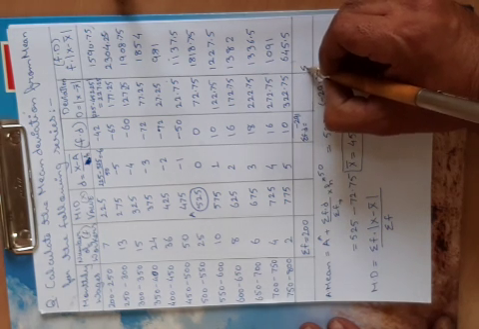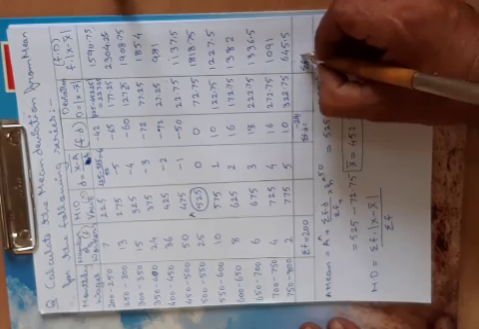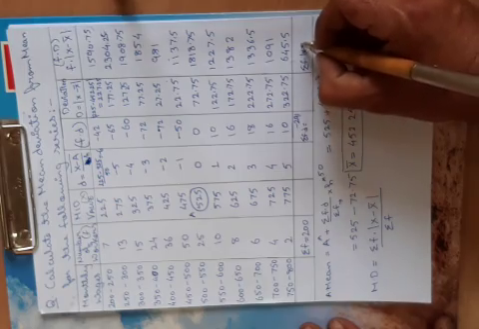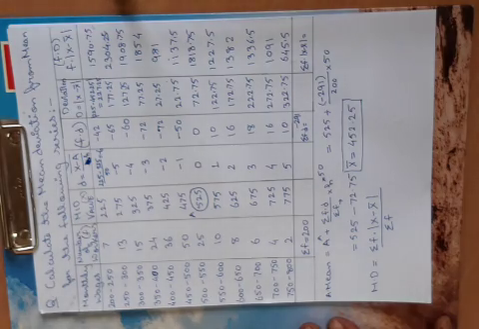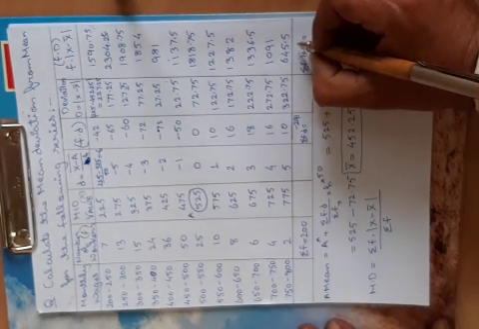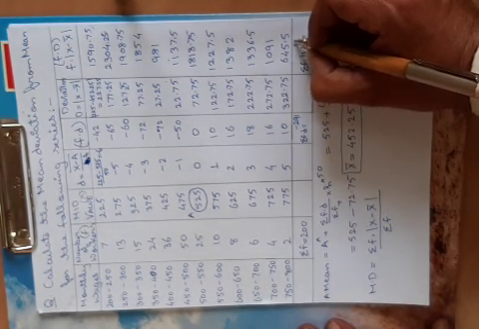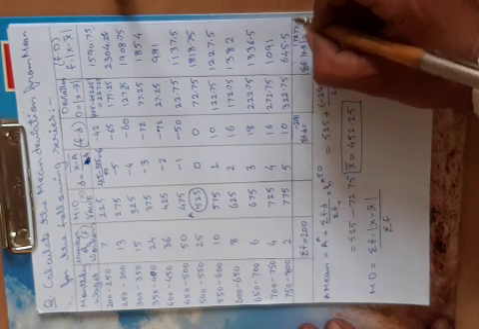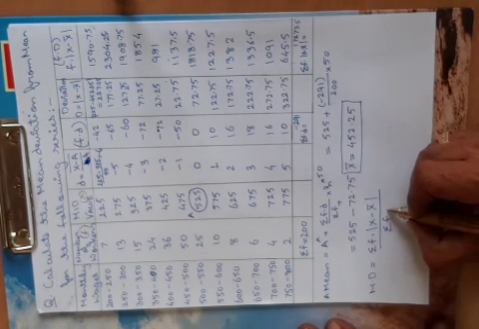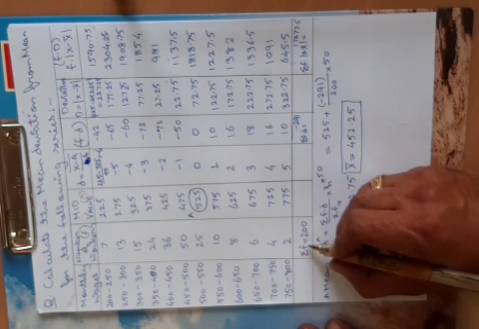That means we have to calculate the value of summation of f into modulus of x minus x bar. We have to calculate the addition of all these values. Since all these values are positive, the answer will be positive. The answer is 17277.5. Fine friends. Now we also know the value of summation of f, that is frequency.